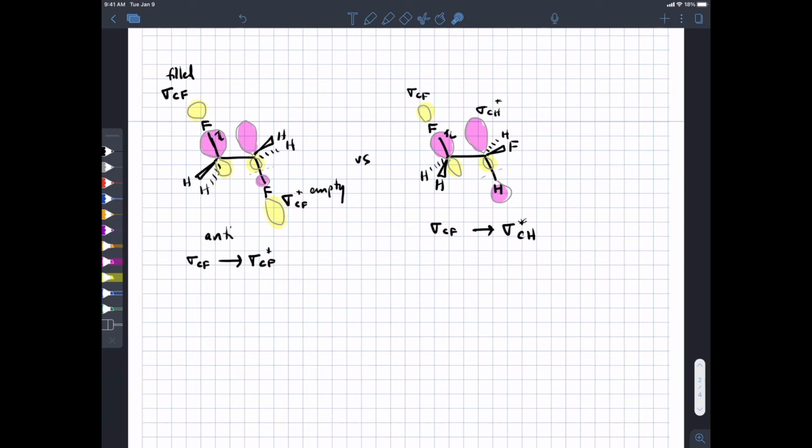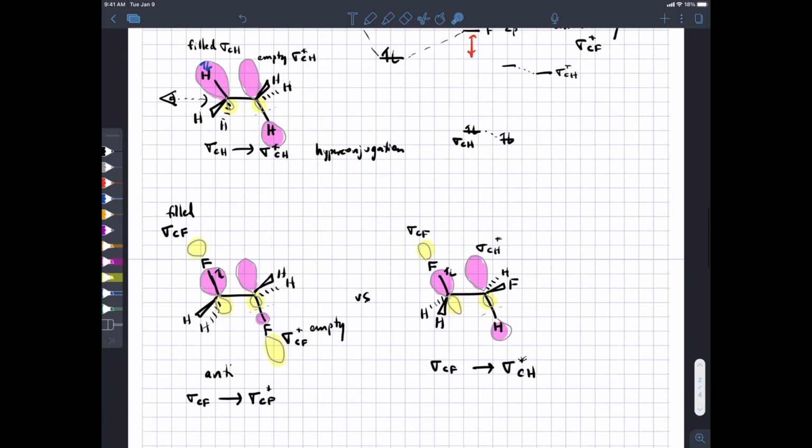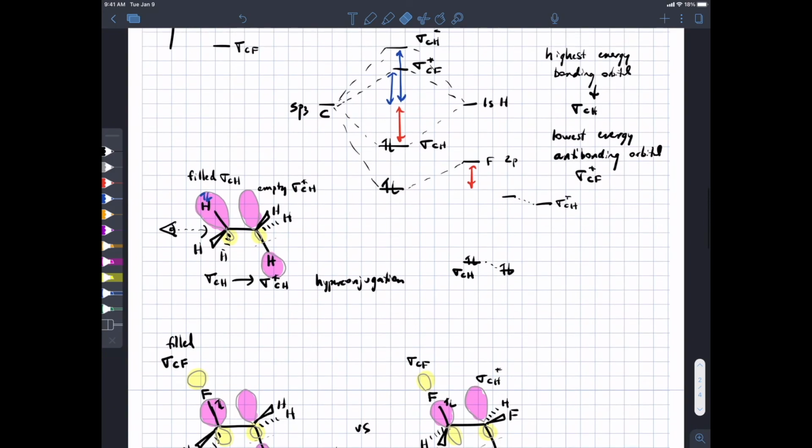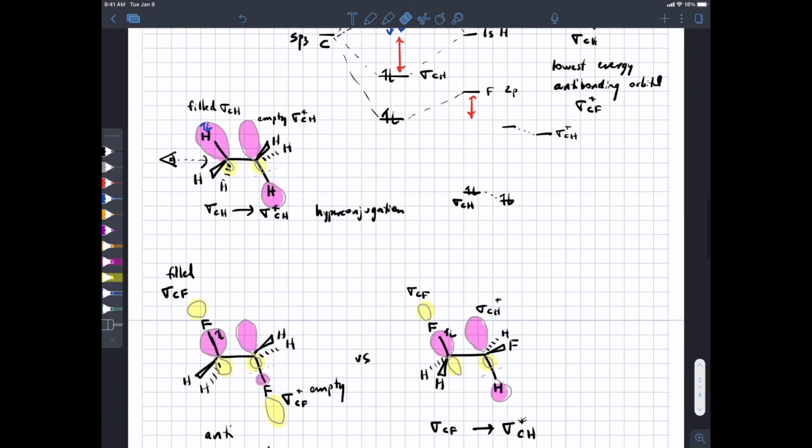I think from the orbital diagram we drew, the carbon-fluorine sigma bond is closer to the carbon-fluorine antibonding orbital. Okay. So let's frame the discussion this way.